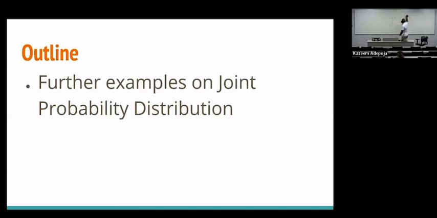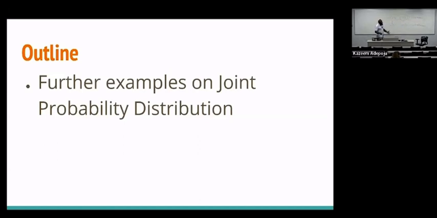So these are conditional means, and these are conditional variances. We can only have stuff like this in a jointly distributed function.